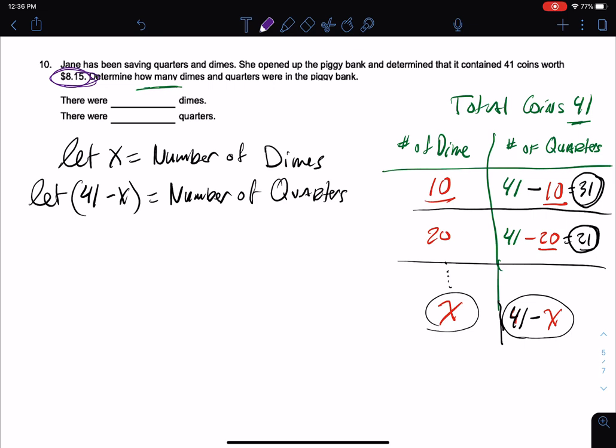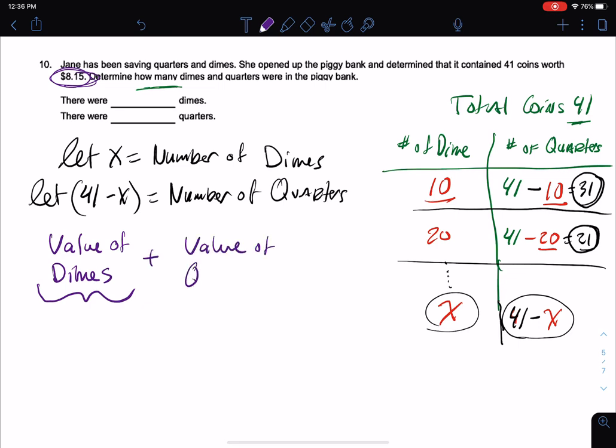So let's get an overall idea here. The value of dimes plus the value of quarters must equal, in this problem, $8.15. So now the trick is we've got to figure out what is the value.